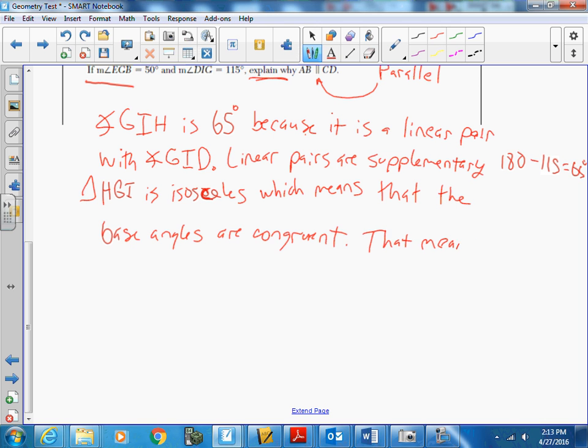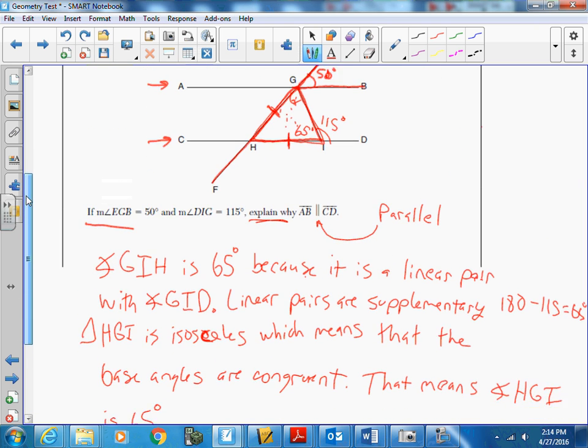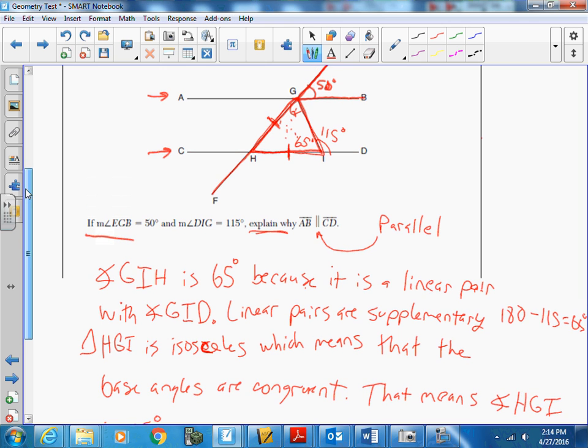So we just found that this is 65 degrees. All right.